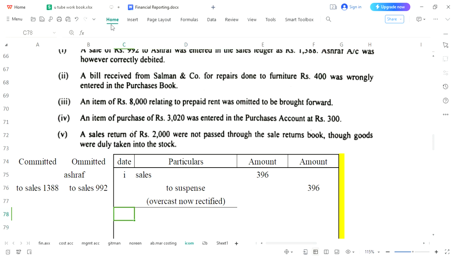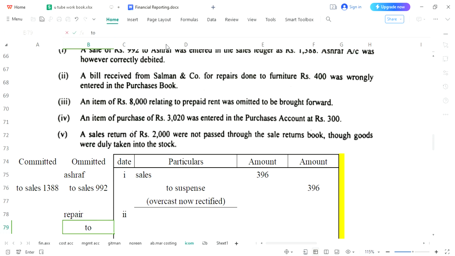Let's get forward to the second entry. A bill received from Salman for repair to furniture. That means actually what we have done, we have made repairs. So you will write repair as an expense. Expenses should be debited. So we were needed to write repair on the debit side.